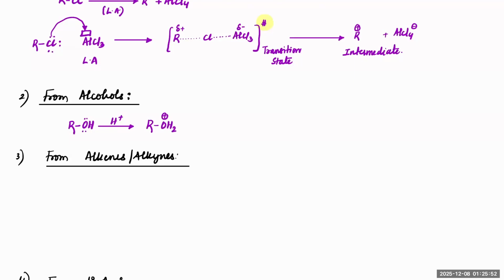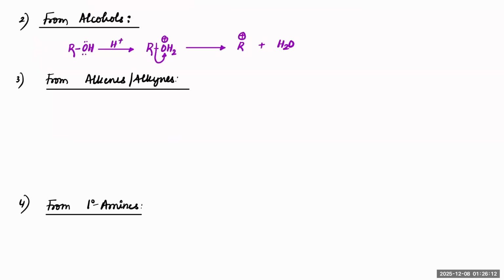OH2 plus remains less stable. It will release out easily from alkyl part and convert itself into R plus and H2O. This is another way of generating carbocations.